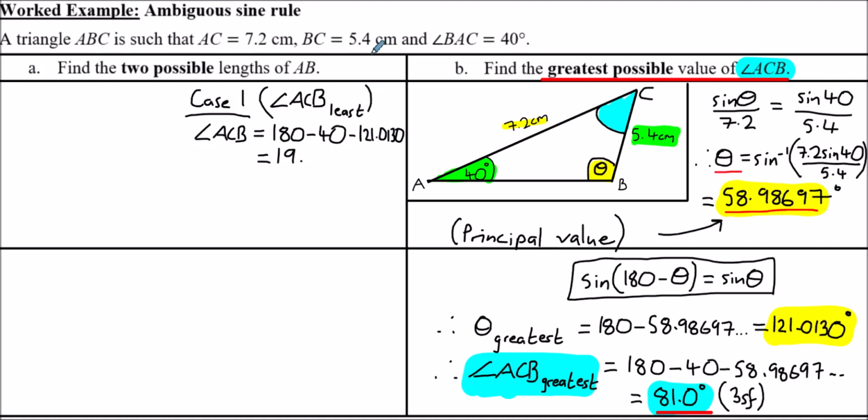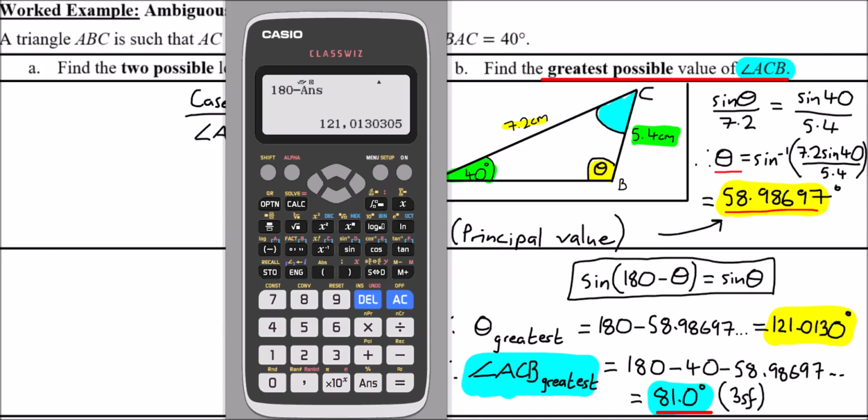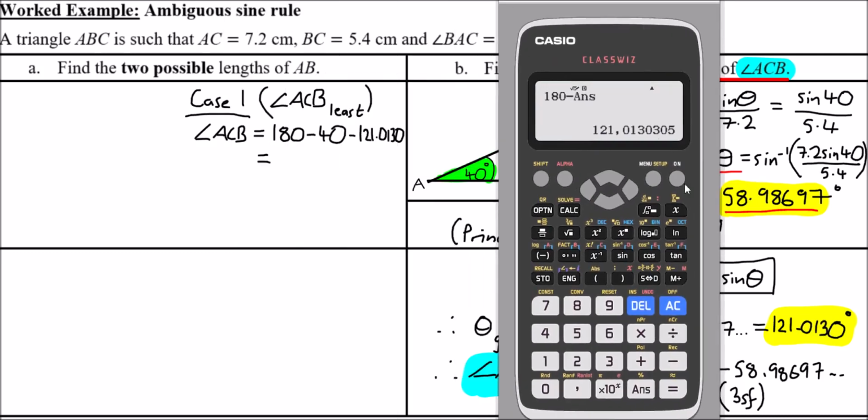To be more accurate with this calculation, what I'd suggest we do is to use the direct and exact option. So put in as many numbers as you can into this. So 180 minus 40 minus 121.0130. Let's just check this here. So we've got this stored, luckily.